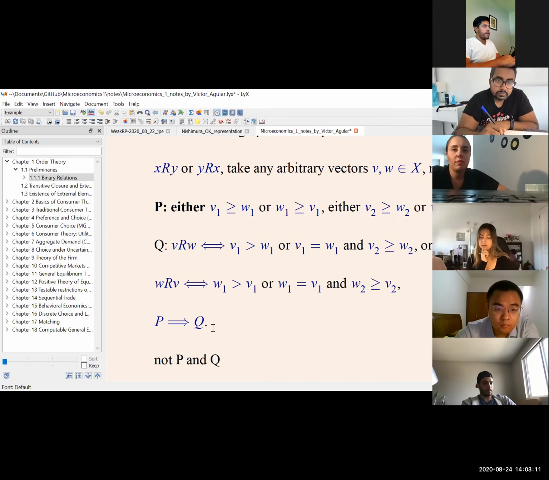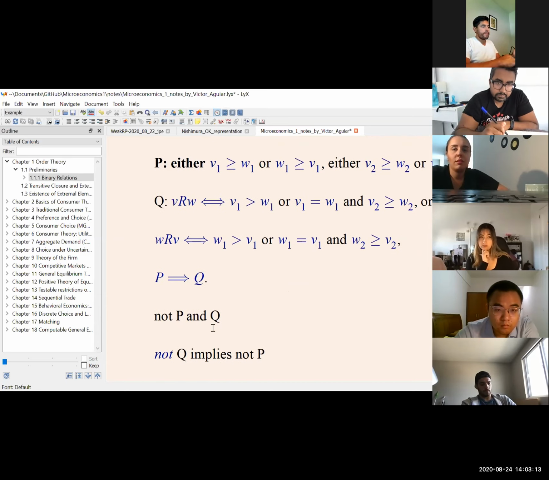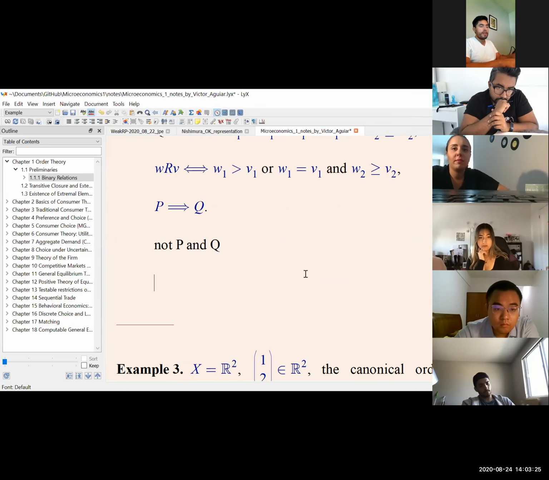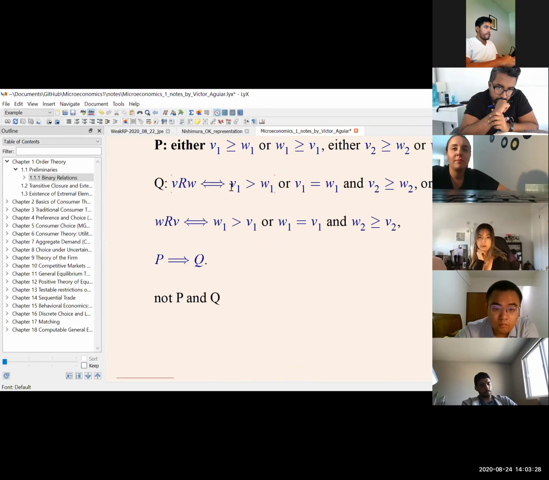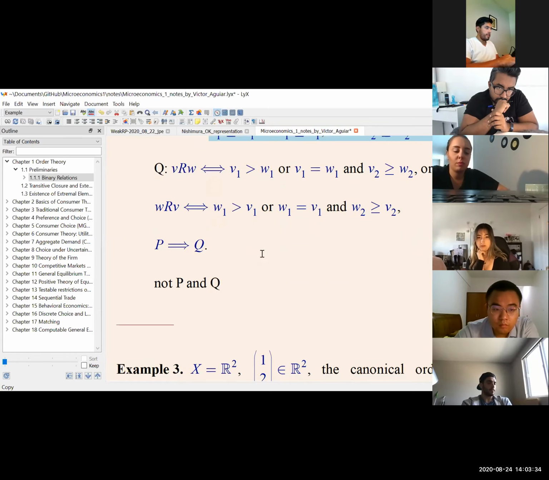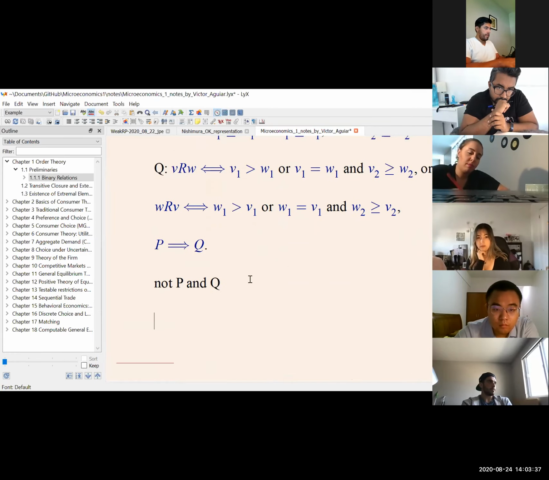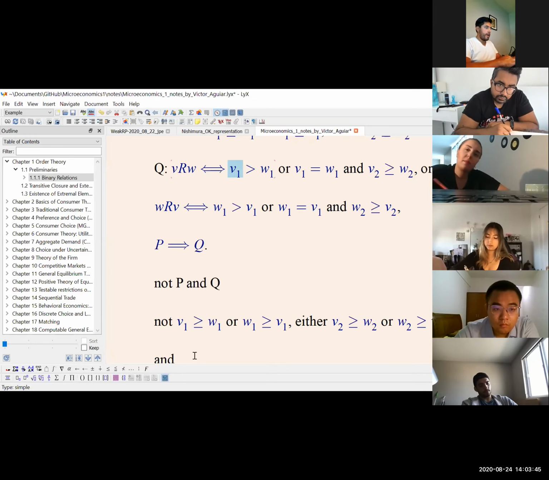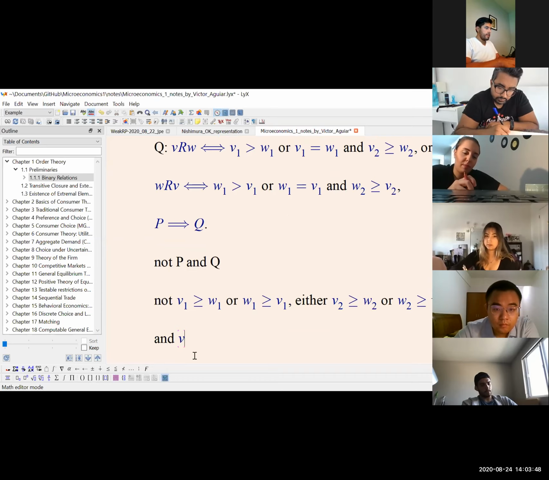In particular, my premise is that you are lexicographic. And in particular, I have this ranking by the reals. Okay, so if I want to show not P and Q, that means basically that the premise doesn't happen, and at the same time this happens: either V is in relation with W or W is in relation with V, okay?